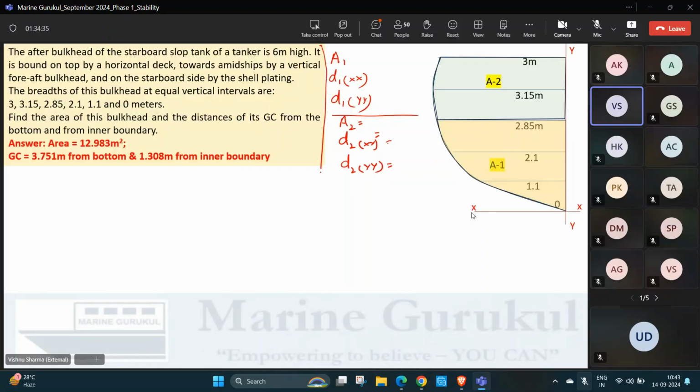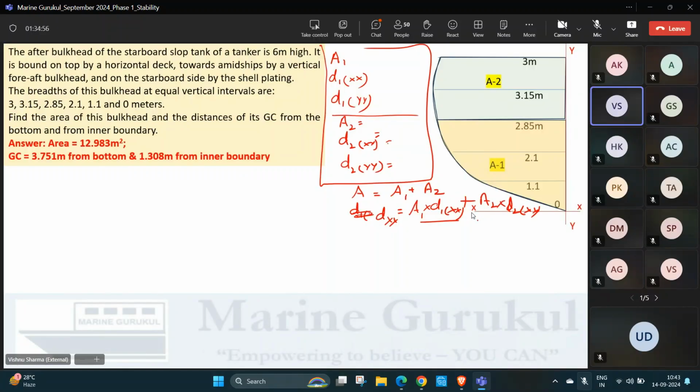Once you get these 6 things, then you can close the question. Total area will be A1 plus A2. dXX will be equal to A1 into d1XX plus A2 into d2XX upon A1 plus A2.